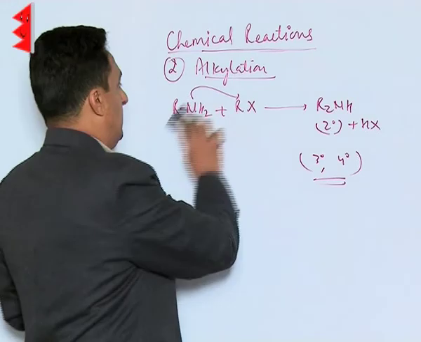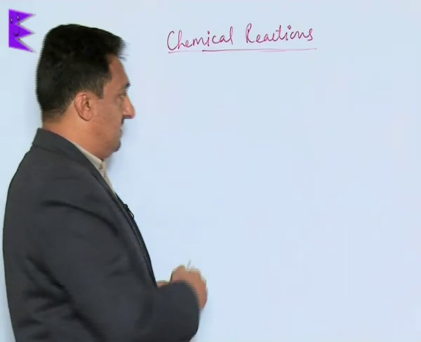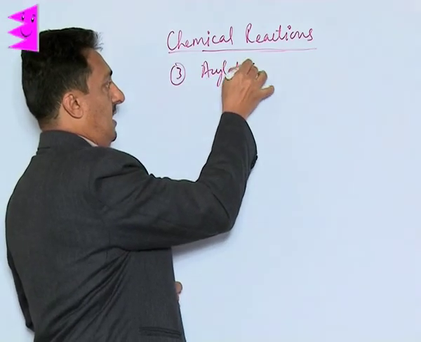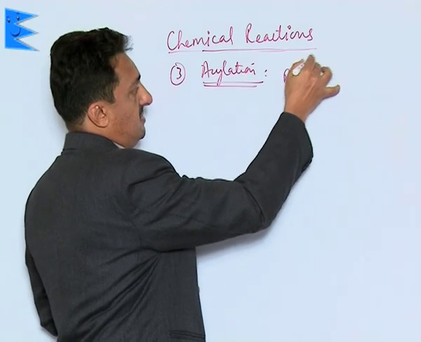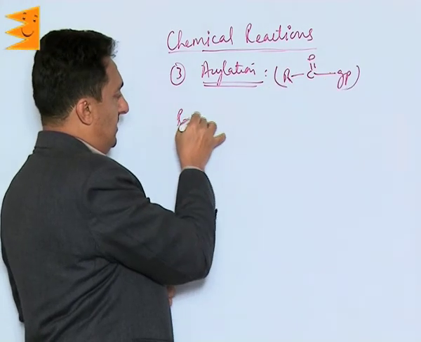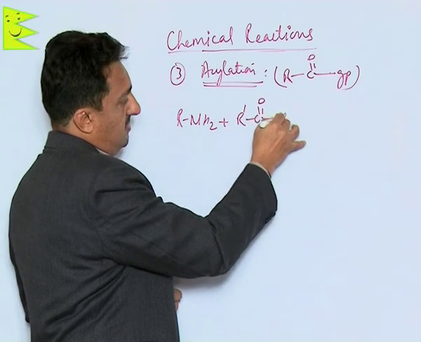Similarly, the third reaction is their acylation. It means reaction with this acyl group. Now any amine can be reacted with this acyl group.